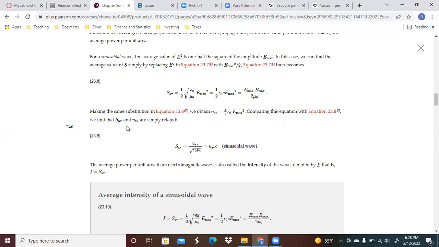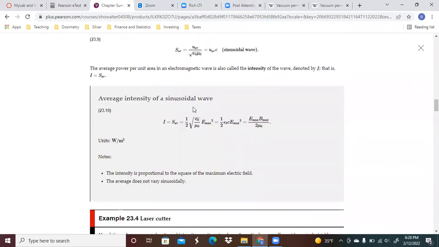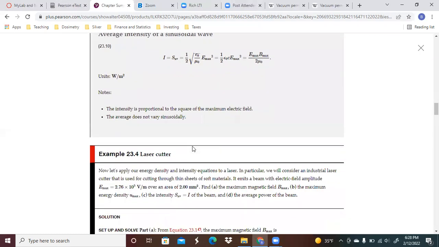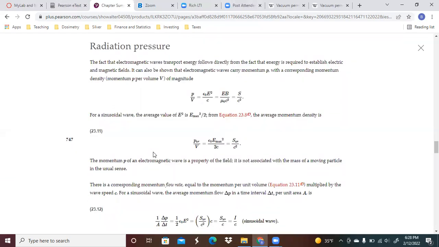Comparing that with equation 23.8, we find out that these are related in this fashion. So this again is another way to state that. The average does not vary sinusoidally, which would make sense. So anyway, those are some good equations there.